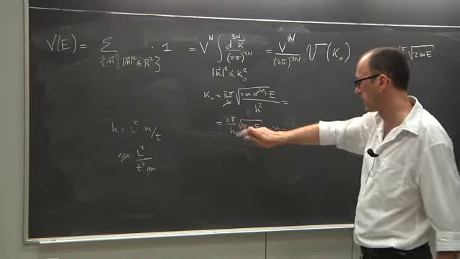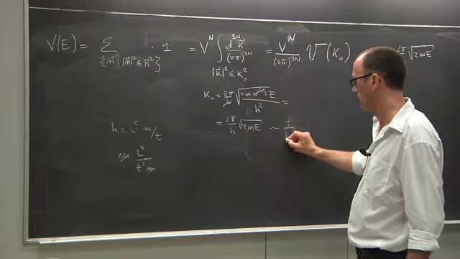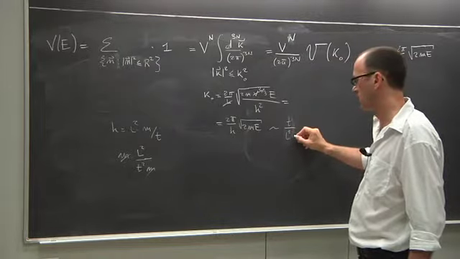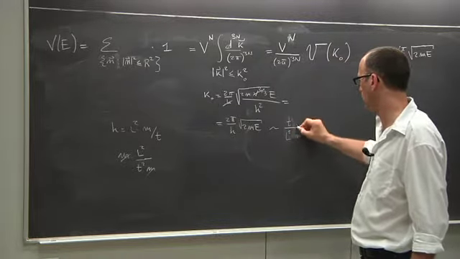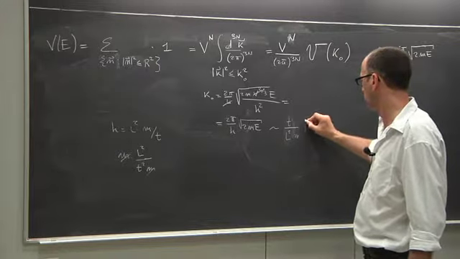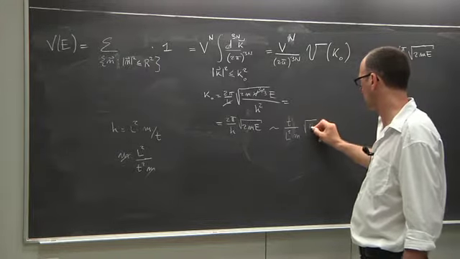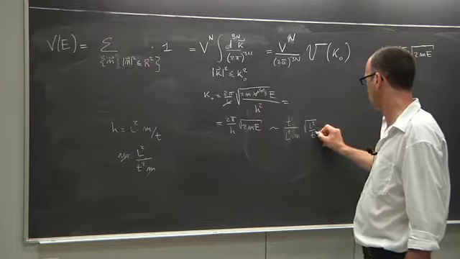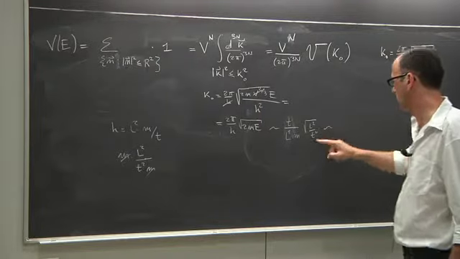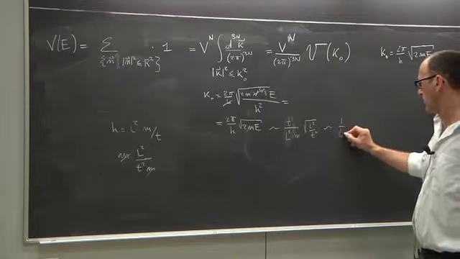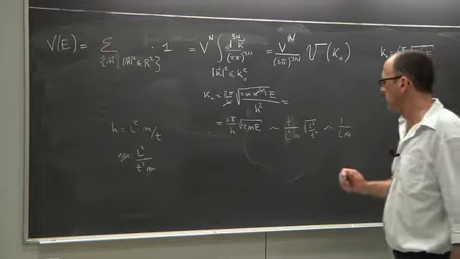I have 1 over h, so it's T over L squared. There is a mass, which is the square root of L squared divided by T squared. So this is 1 over L times a mass.